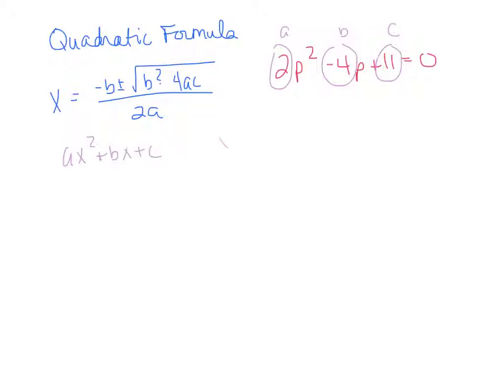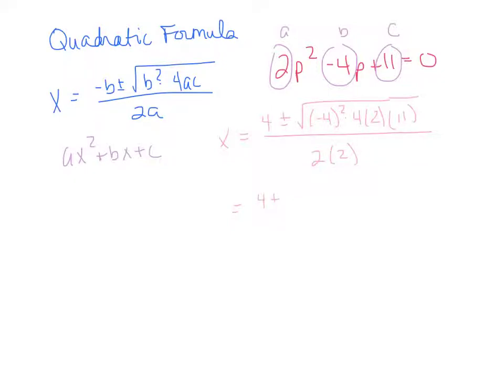So we're going to get x equals negative b, which is going to be a positive 4, plus or minus the square root of negative 4 squared minus 4 times 2 times 11 all over 2 times 2. And you're just going to simplify.